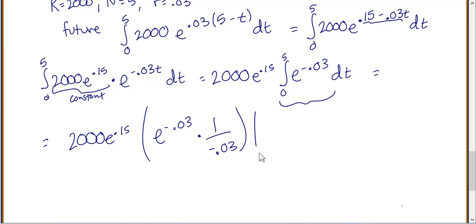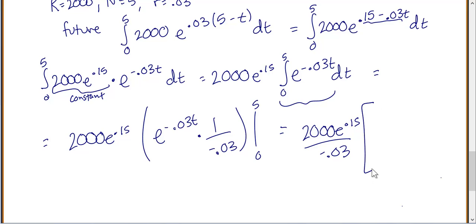And I'm going to evaluate this from 0 to 5. Oh, sorry, I dropped off my t. So let's pull all of my constants out: e to the negative 0.03 t evaluated from t equals 0 to 5.